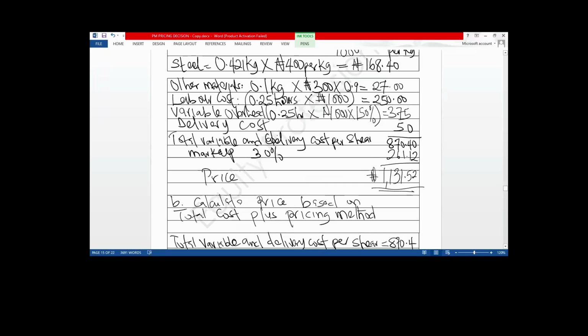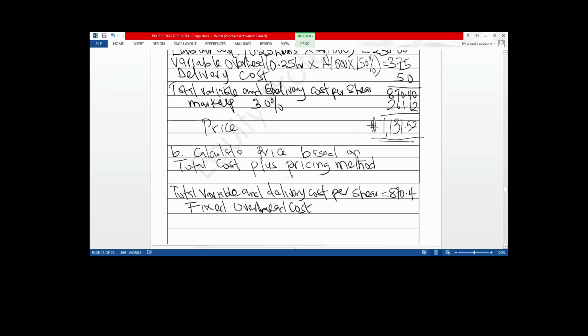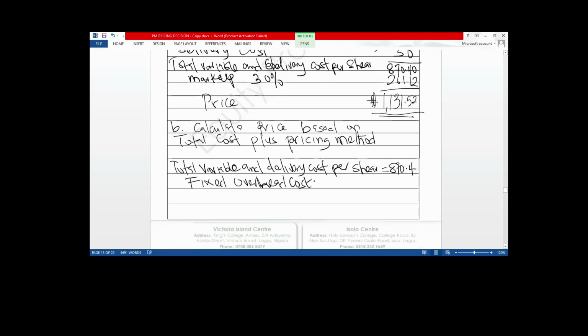Our variable overhead cost is 375. So this is equal to 80% of 375. Please compute. 300. You don't need to waste time here at all.